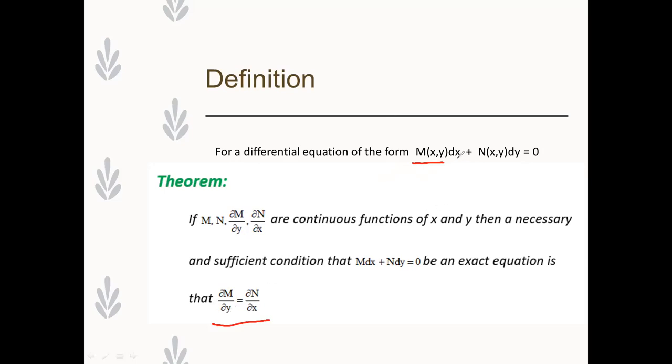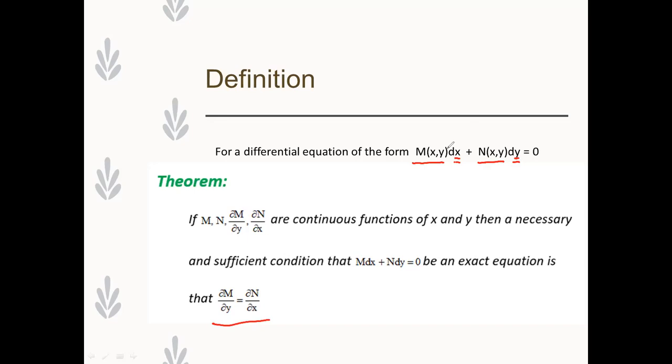So it's the other variable, because you can see that your differential here is in terms of x. So you will partially differentiate M with respect to the other variable y. You apply the same procedure with N, but you will partially differentiate it with respect to x. Why? Because the variable that appears here on your differential is y.